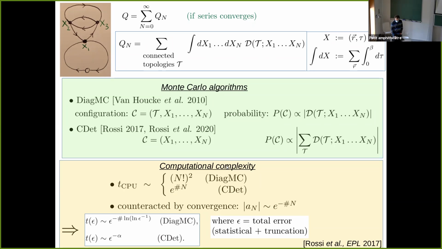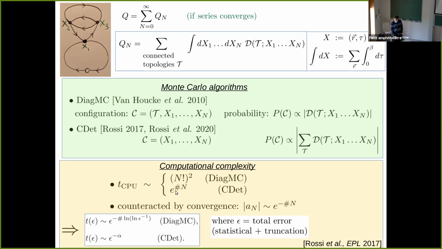So what about the computational complexity? There was a sort of prejudice that fermionic problems are always computationally hard, somehow exponentially hard, but actually that's not true. The CPU time, of course, increases with the diagram order, and with the old algorithm it increases factorially, with the new one exponentially.